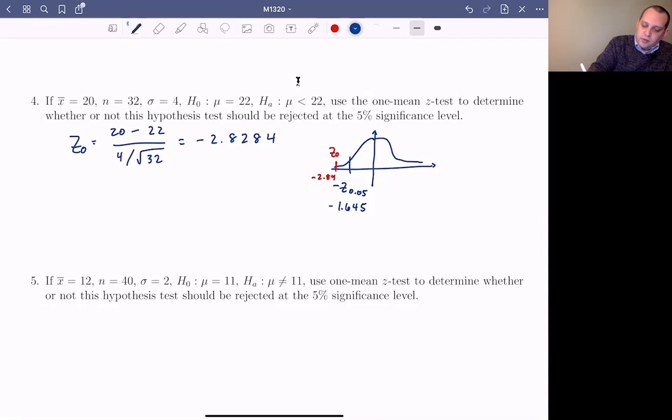If you remember the way the graph looks, this is our rejection region, and this is the non-rejection region. Since our standardized value is in the rejection region, we're going to reject the null hypothesis.